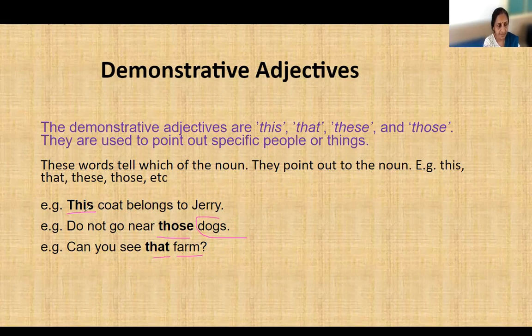When it is a singular noun we are talking about, it is this, which is closer to you. Whereas if the noun is plural and closer to you, you will use these. The same way, those and that. Those will be for some noun you're pointing out which is a little distance away, and that is for a singular noun at a distance.